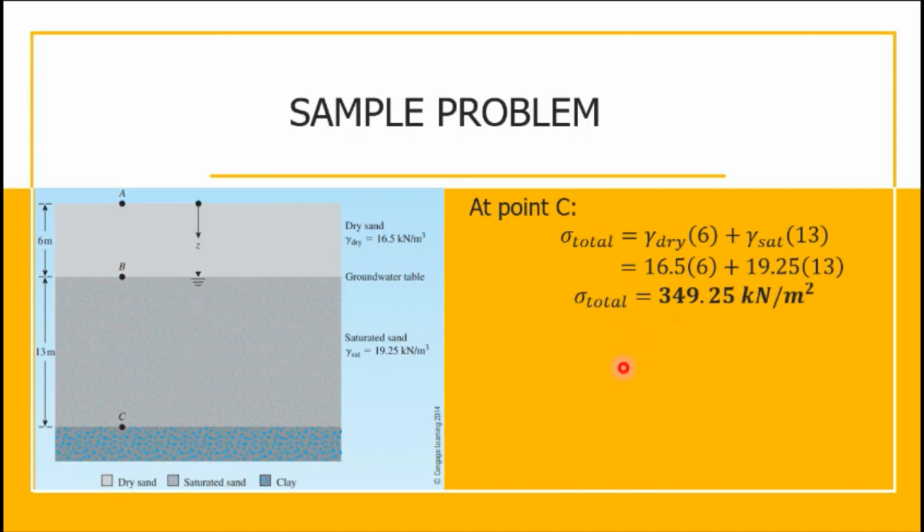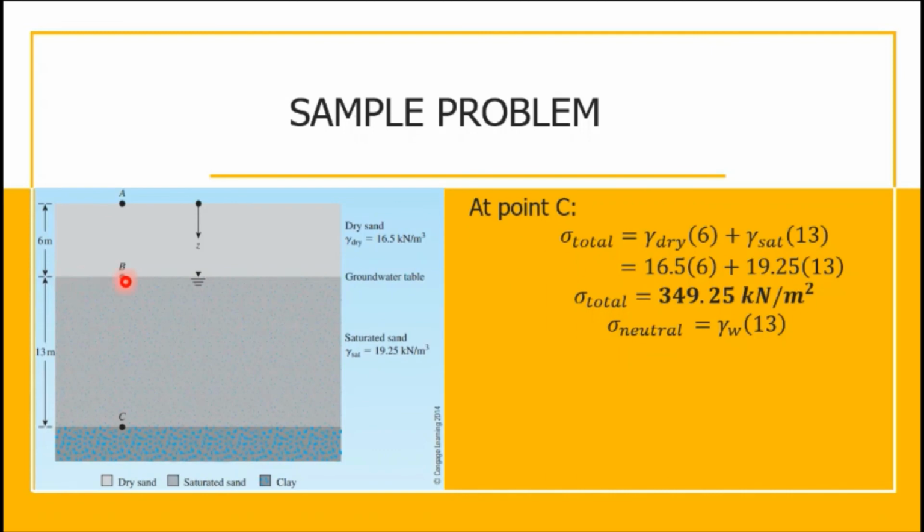And then, if we are to get the neutral stress or the pore water pressure, it will be equal to the unit weight of water multiplied by the height from the groundwater table of the point. So the height from the groundwater table of point C is equal to 13.